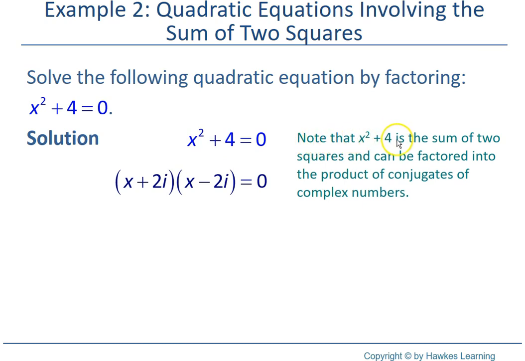Note that the sum of two squares can be factored into the product of conjugates of complex numbers. Okay, but we haven't had that yet, so I'm going to have to check this out. I'm making this before the course starts, and I had the idea they weren't going to do complex numbers, but they're introducing them here.